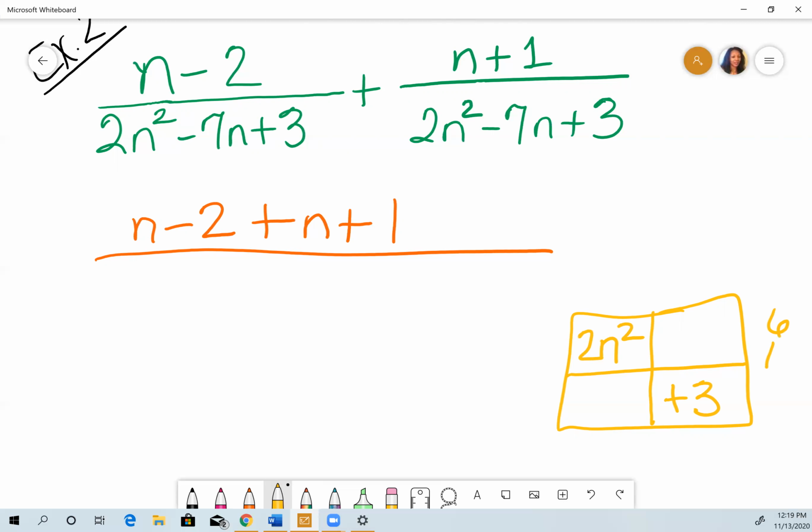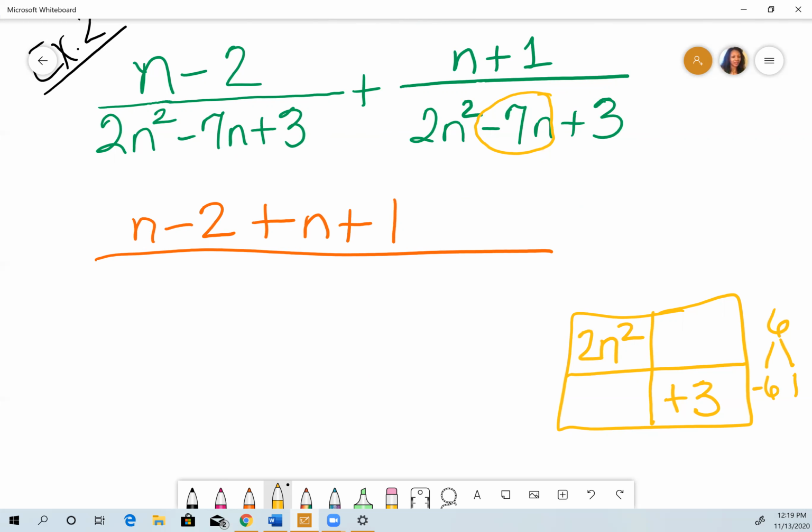And then I'm looking for two factors that will multiply to give me 6, but those same two factors will have to add together to give me this middle number. So I want to replace this negative 7n with two numbers. So if I know my factors here, I know 6 times 1, but then I also have to take into consideration the signs because 6 times 1 is 6, but 6 plus 1 is not negative 7.